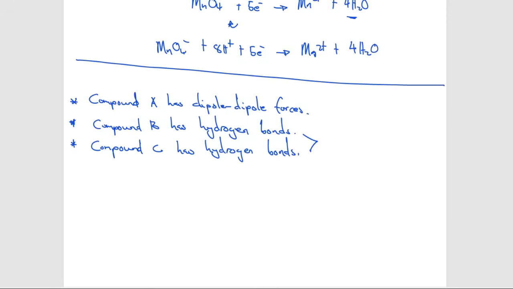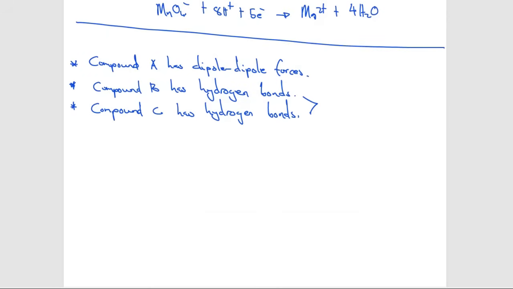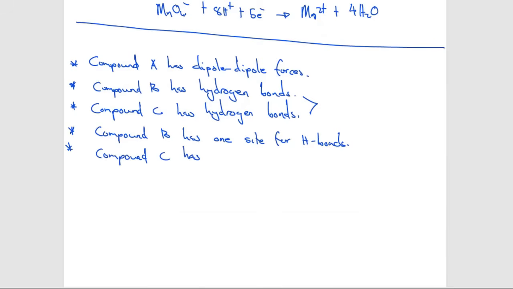Now the reason behind it, I'm going to say compound B, which is an alcohol, has one side for H bonds, for hydrogen bonds, right? Then on the other end, compound C, which is a carboxylic acid, has two sides for H bonds, for hydrogen bonds, right?